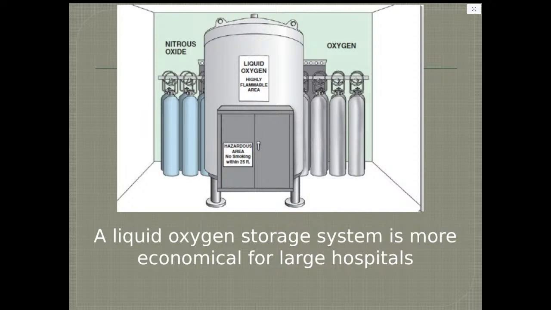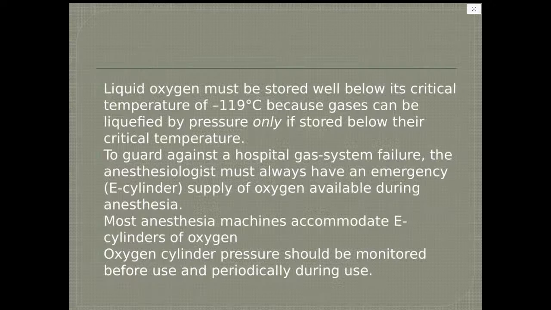A liquid oxygen storage system is more economical, and in our hospital we are working with the liquid oxygen storage system, which is special, located outside the hospital in a special place, and it is the same with nitrous oxide. The largest hospitals, Tokuda, the military hospital, Sofia Med, and our hospital work with the liquid oxygen storage system with a special area for the oxygen and nitrous oxide.